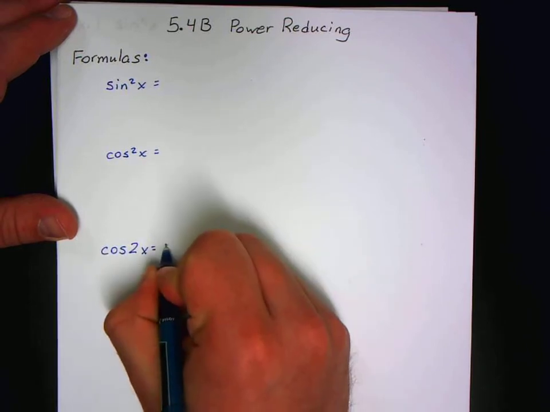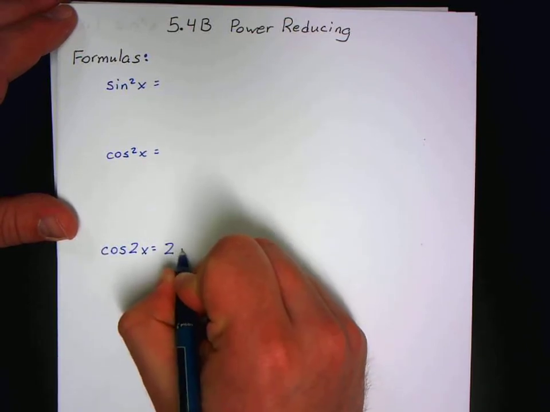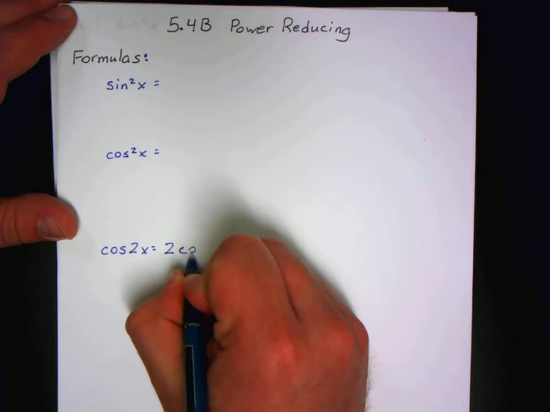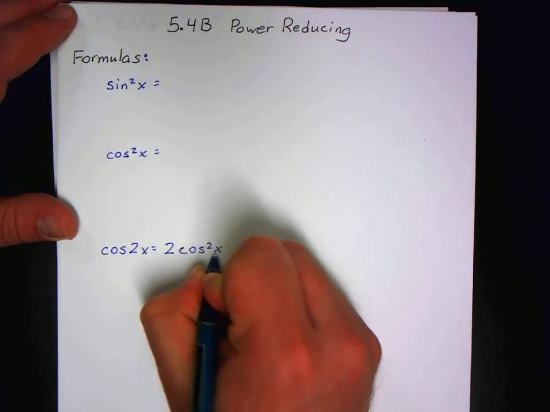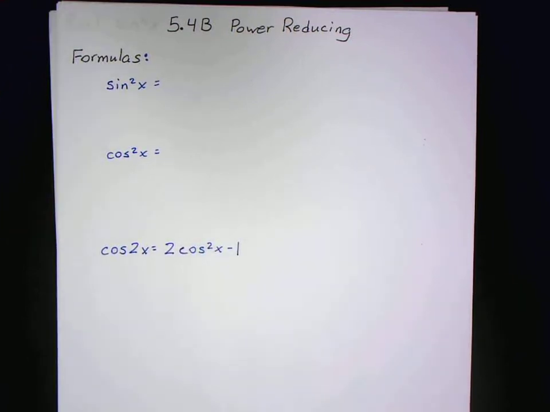So one of our double angle formulas using cosine is this. Right? So what we're going to do is take that and solve it for cosine squared of x, and that gives us the power reducing formula for cosine squared of x.